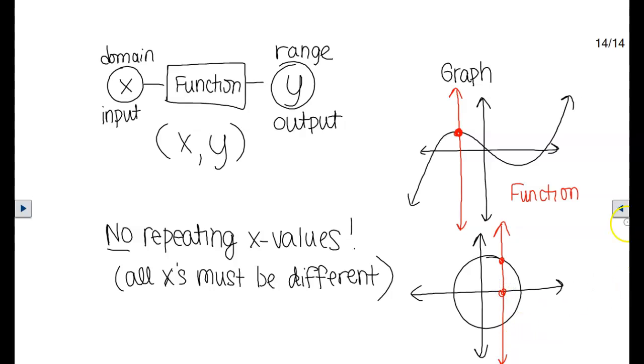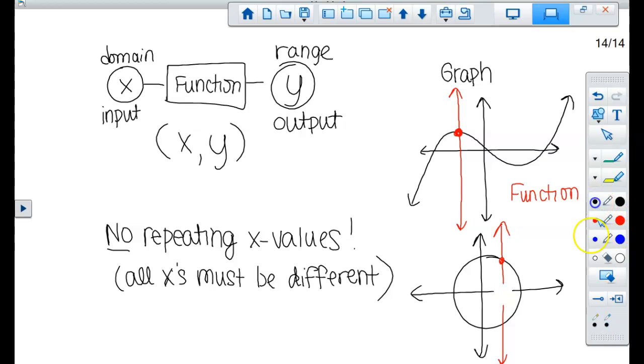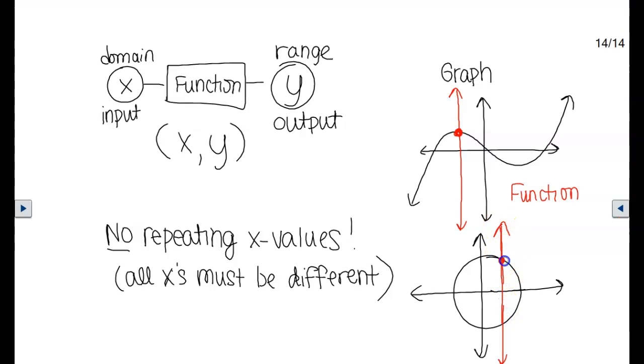Whoops, that was the wrong dot to draw. Sorry about that. Let me erase him. Let me fix what I just did. My vertical line touches the circle here, and then again here. So I have one vertical line touching 2 points on that circle. So this is not a function.